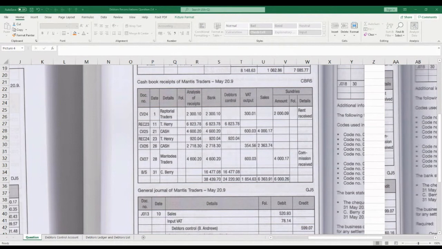Okay, so Tebe thinks bank. Anyone else? I'm just going to repeat the question in case you missed it. So the question is, if I take the cash book receipts, I look at that journal, which column will I capture in my debtors control account?